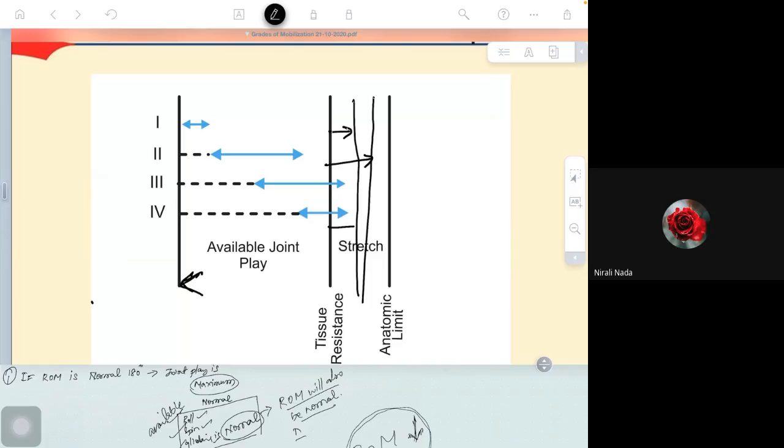So your ultimate aim is to increase the joint play. That is why here it is mentioned available joint play.